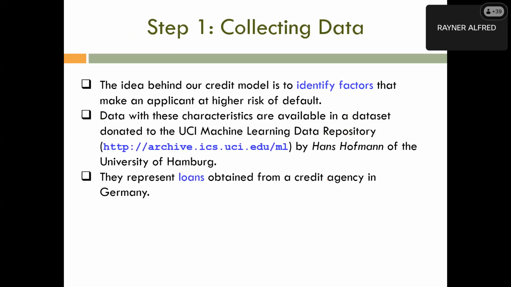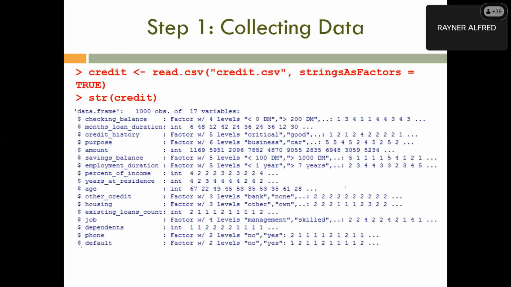The data that we get is obtained from the archive ICS UCI. So they represent the loan from the credit agency in Germany. This one we are reading the CSV file from my D drive, and this one says maintain all the characters as factor. So for example, like this, all of them are considered as factor or label.